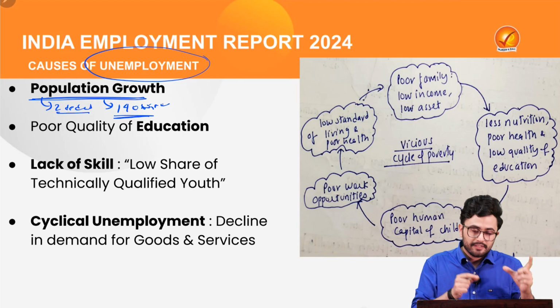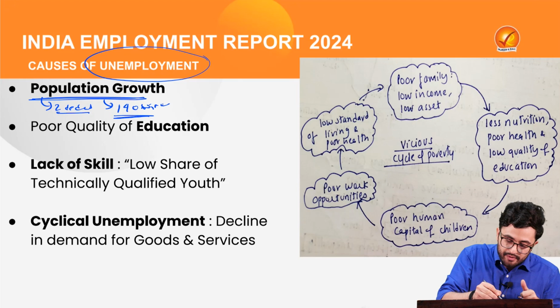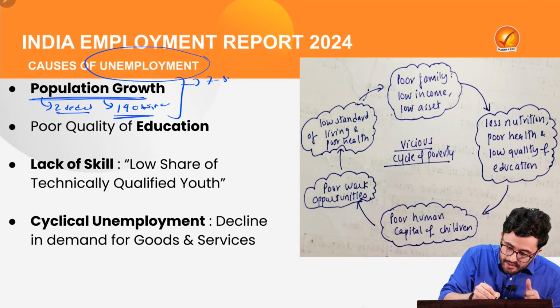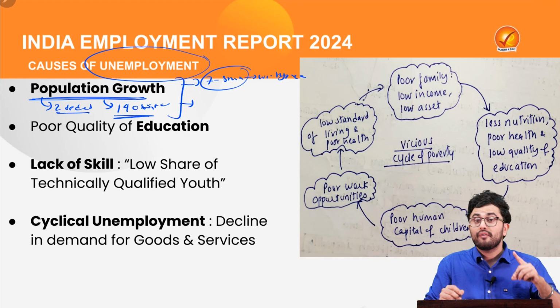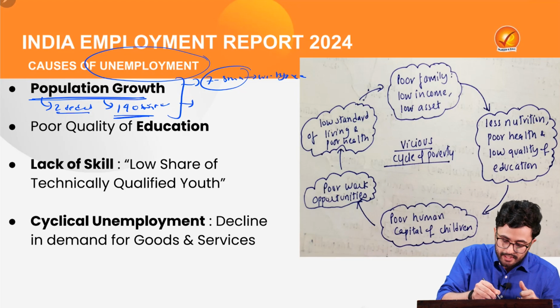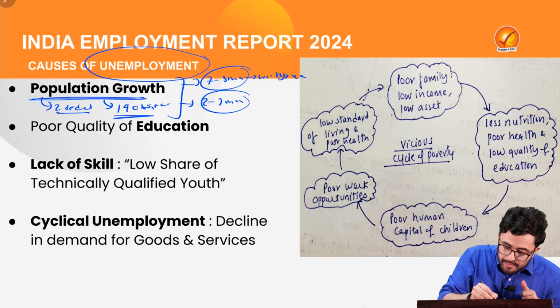And thus, as the report has suggested, while there are 7 to 8 million people who join the workforce every year, the number of non-farm jobs being created stands at a meager low of 2 to 3 million jobs a year.